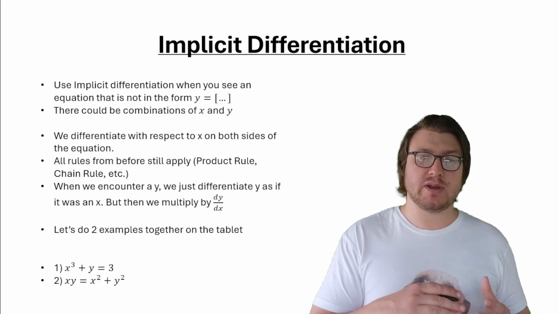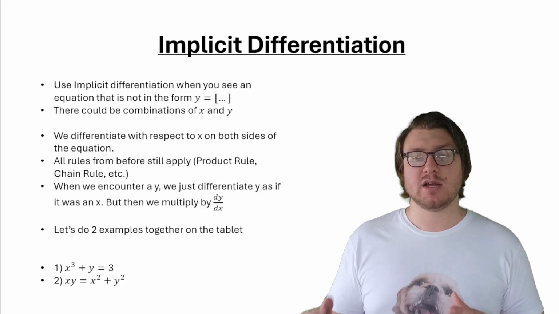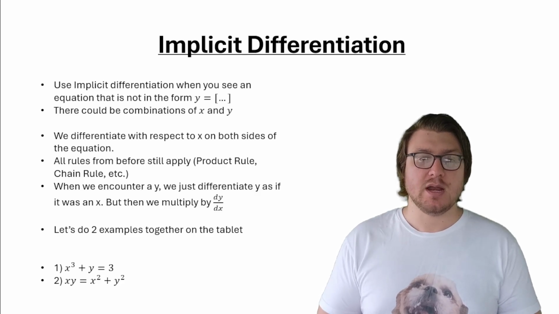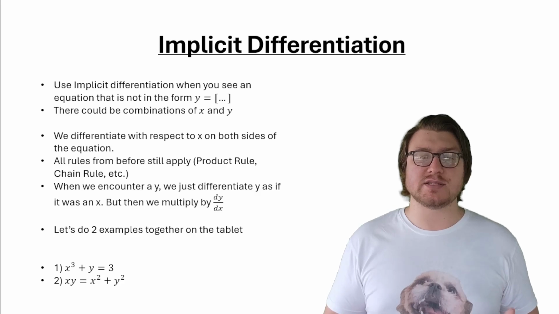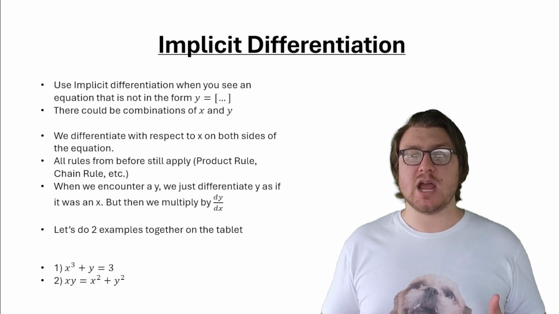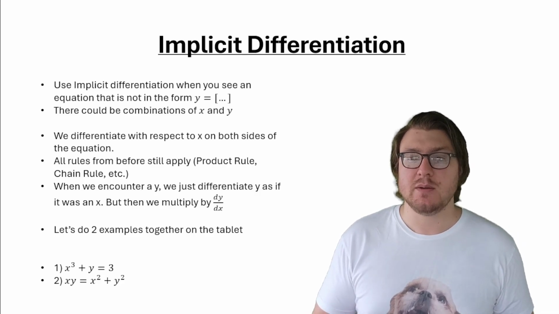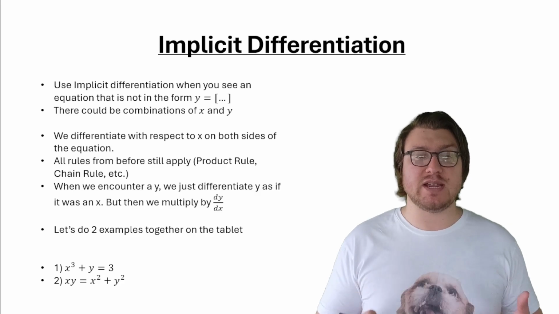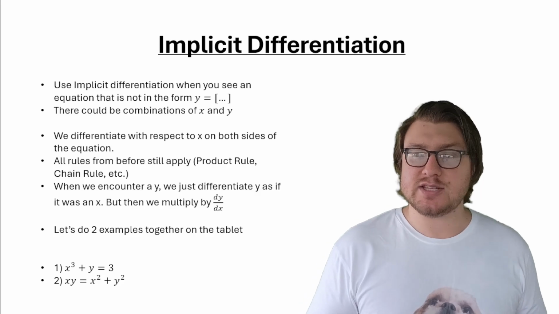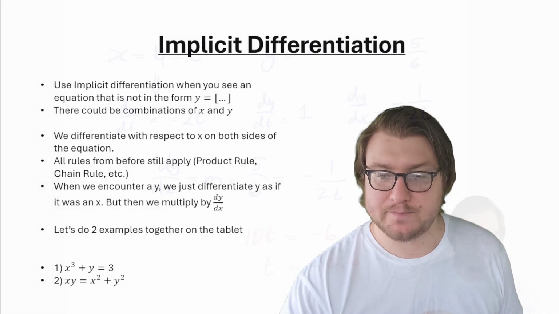So when we differentiate this, we need to multiply by the derivative of y. Now the derivative of y is always dy by dx. I highly don't recommend writing y prime because the little prime is very easily confused with other y's. So let's do these couple of examples together.